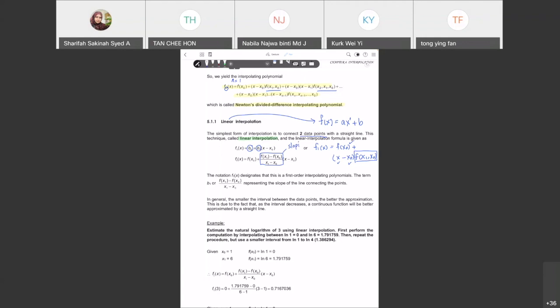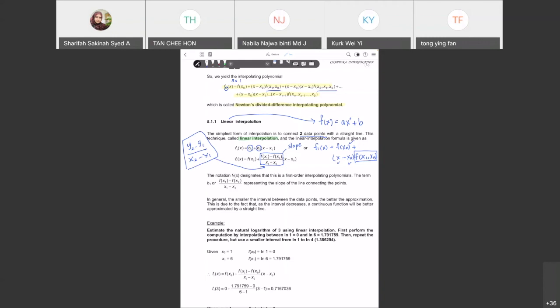Remember, slope. What is the formula of slope? If you still remember, y2 minus y1 divided by x2 minus x1. So this is the formula of slope. So this is actually the same function.